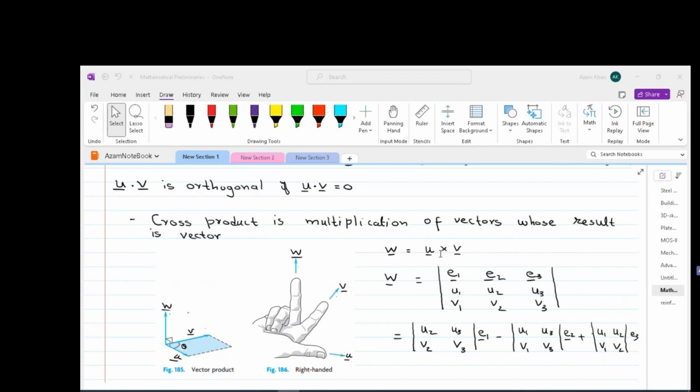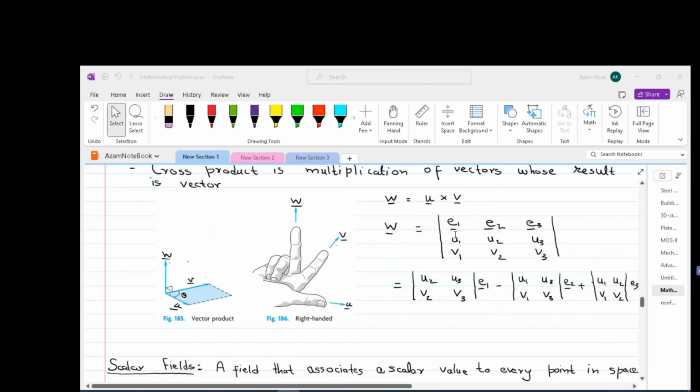So the cross product is normally worked out using a determinant. What we do is write a 3 by 3 matrix in determinant form. We have the unit vectors written as e1, e2, e3, and then the corresponding components of u and v written like that.